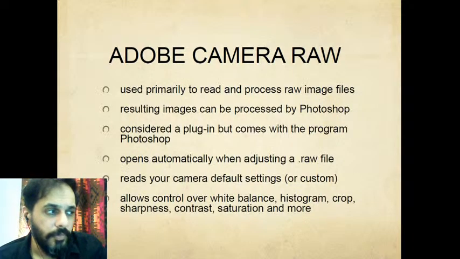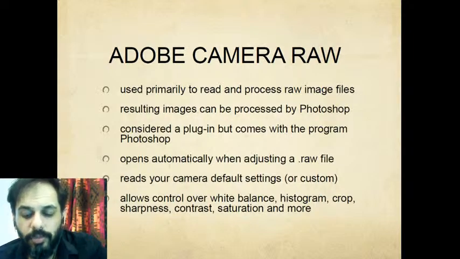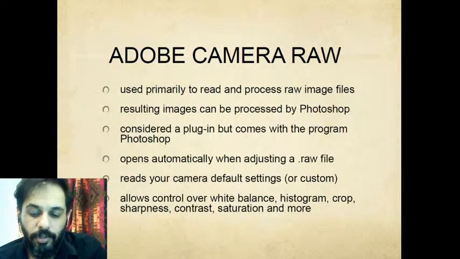Now, Adobe Camera Raw, how can you find it? When you save your raw file on your camera, you can take it either through a USB drive or directly from the card, whatever way you have to transfer your file from your camera to your computer.